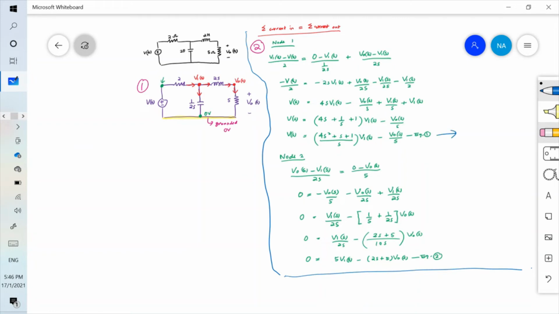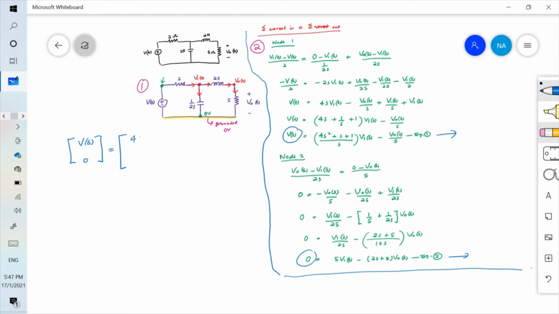This equation and this equation, put it in matrix form. So the first matrix, 2 by 1, is given by Vs and 0, which is from this term. Equals to, okay, this matrix, look at the first equation.